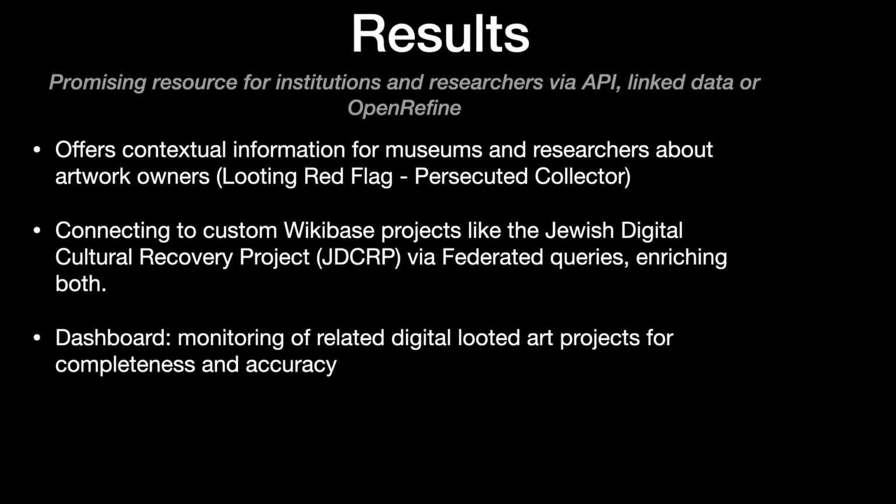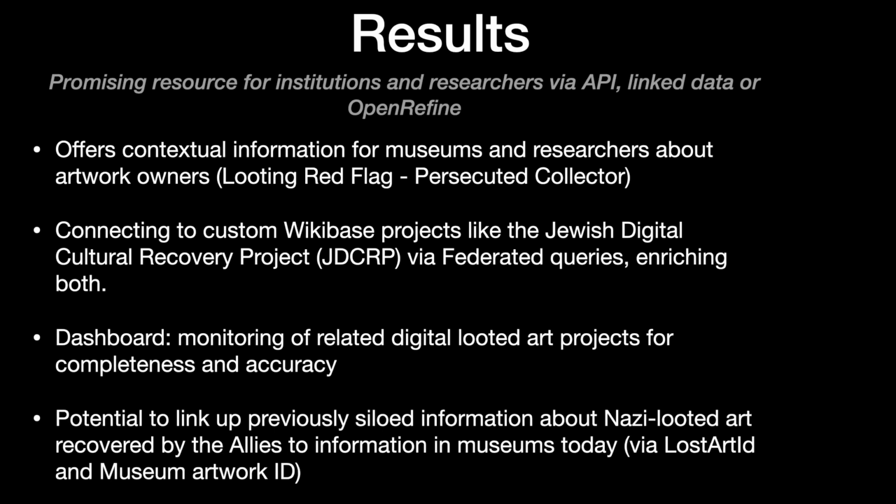And one can use it to monitor related digital looted art projects for completeness and accuracy. It can also break through data silos because it's not one museum or two museums, but there are 1,000 collections in there. It also contains external identifiers like Lost Art ID and the Museum Artwork ID, which brought together in a single item can match information, which is not necessarily available elsewhere.